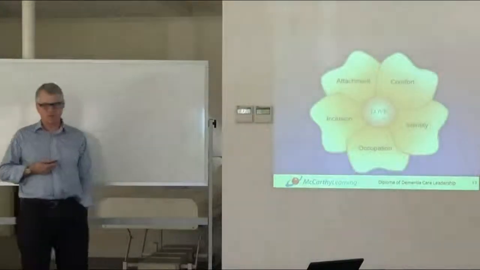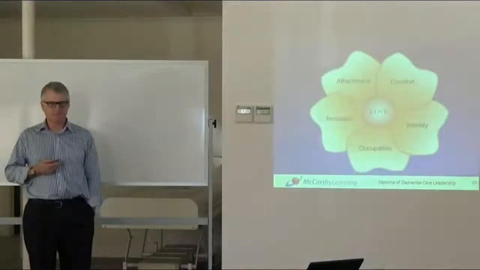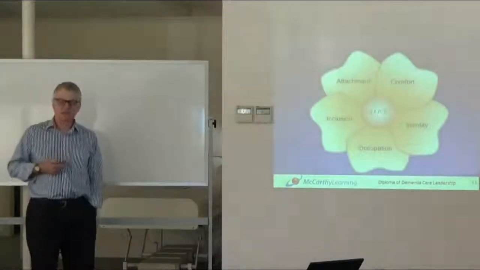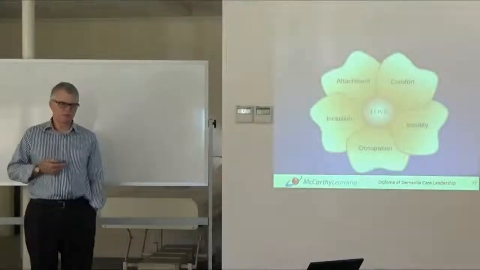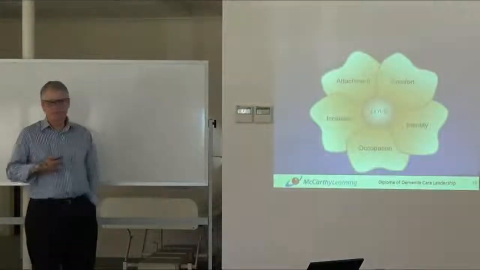Each of those needs, when they're met, will create the experience of being loved and cared for. But if they're not met, then we often see disturbed or responsive behaviour that people engage in order to meet those needs.